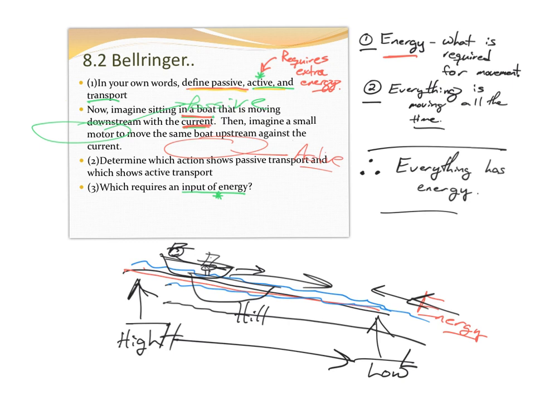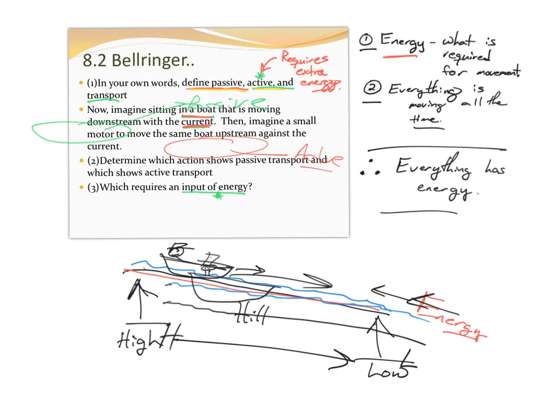All right, so now let's look at number 2, where it says, determine which action shows passive transport and which shows active transport. So which of these two, going with the stream, going downstream or going upstream, is passive transport? Yeah, going downstream.